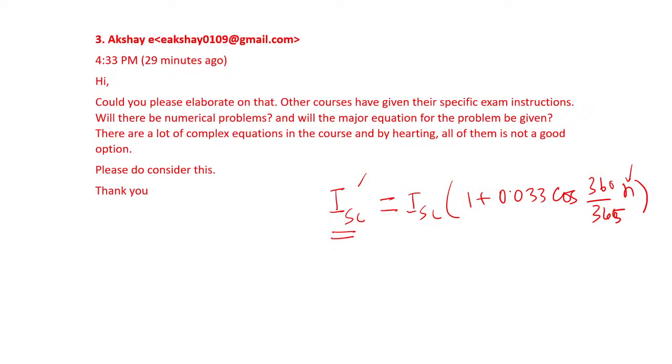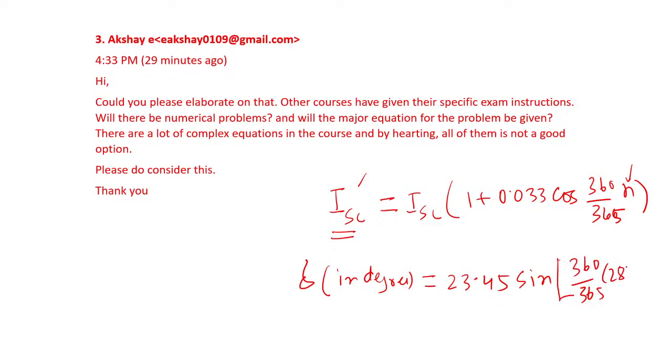Again, say for example you need to calculate the declination, delta, which will be in degrees. What is the expression for declination? It is 23.45 sin(360/365 (284 + n)), where again n is the nth day of the year.